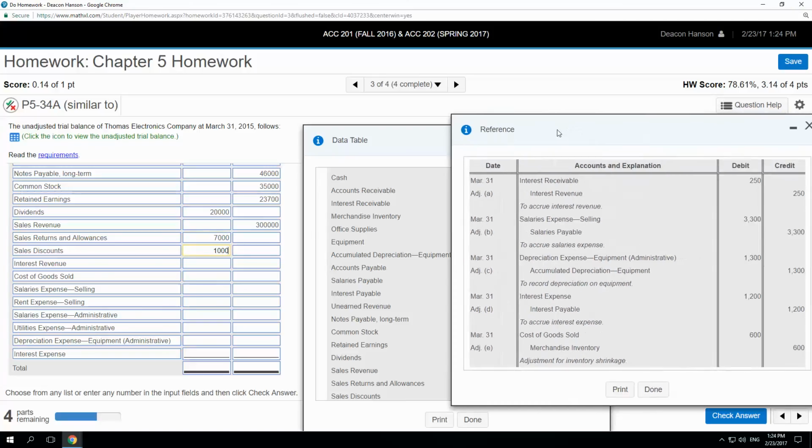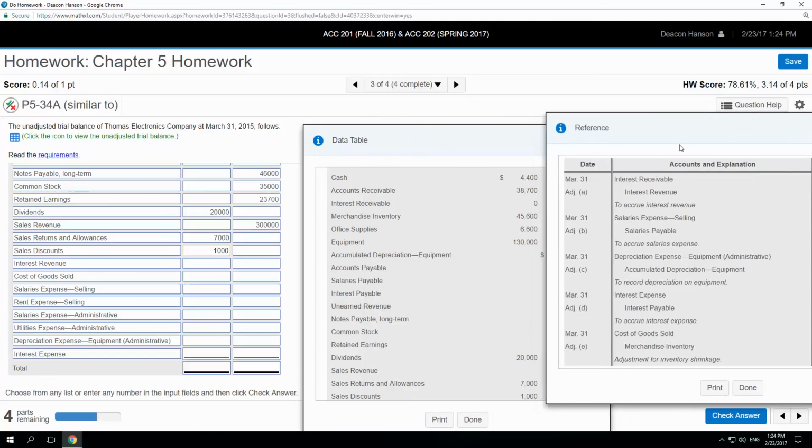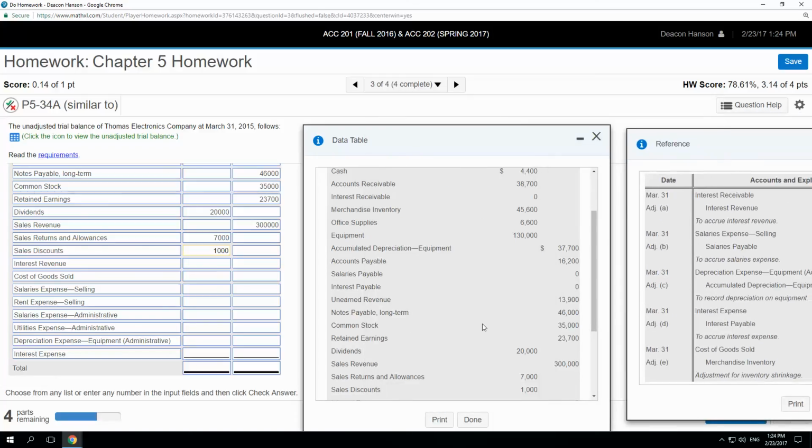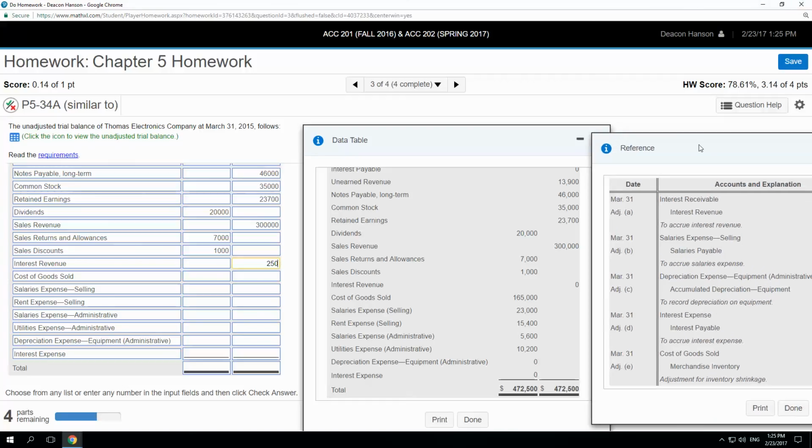Here we have some interest revenue. 250 credit to interest revenue. What did we start with over here? Interest revenue, 0. So it's a special case where a lot of these adjustments are being made to accounts that have an unadjusted balance of 0. But keep in mind, if there was a number in there, you're going to have to add or subtract that adjustment to get your correct, adjusted number.